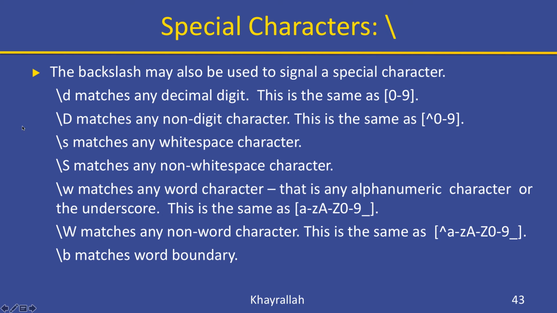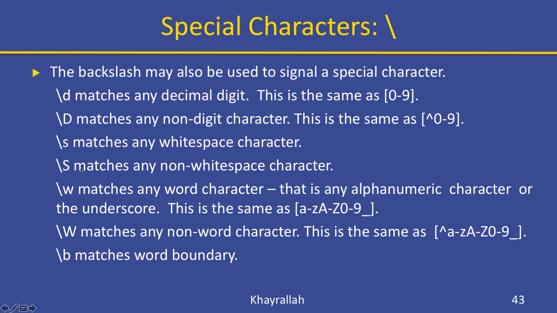Now, the backslash may also be used to signal a special character. For instance, backslash lowercase d matches any decimal digit. It's the same as 0 to 9. Backslash uppercase D matches any non-digit character. It's the same as not 0 to 9 within the square brackets. Backslash lowercase s matches any white space character.